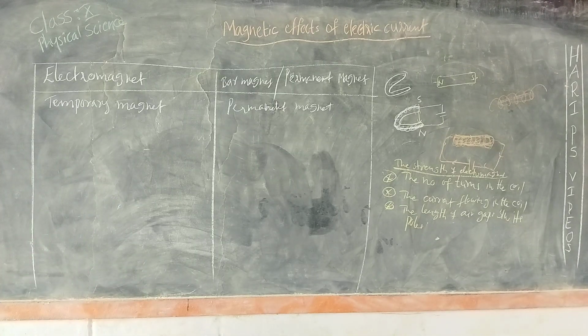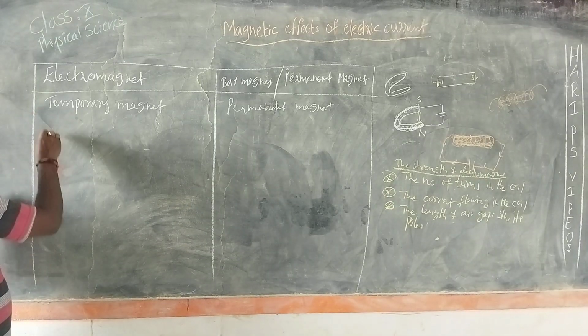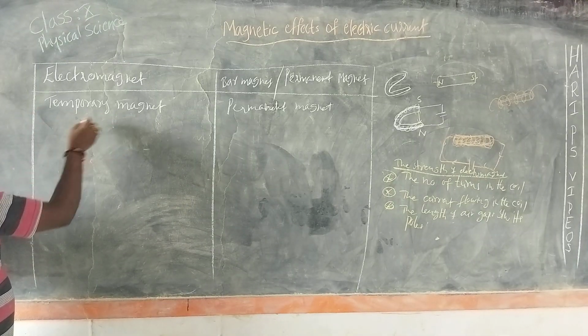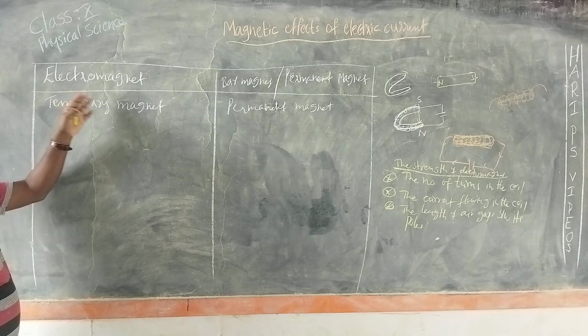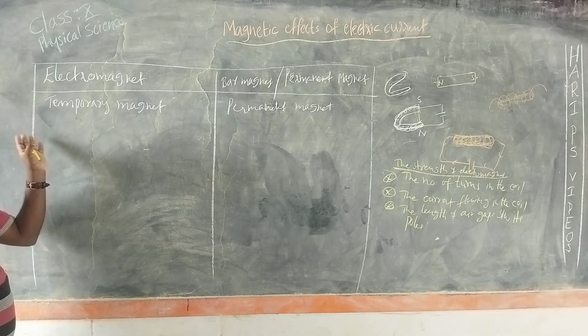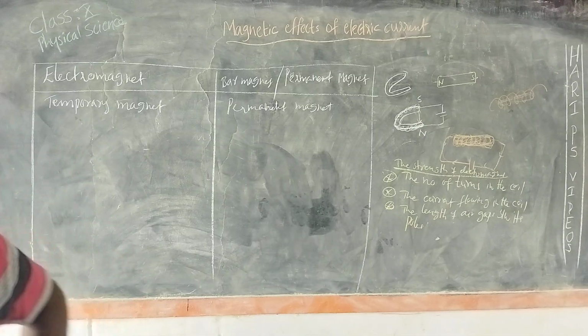Its magnetism is only for the duration of current passing through it. So the magnetism of an electromagnet can be switched on or switched off as desired. Why is it a temporary magnet? We can make an electromagnet, a temporary magnet, by passing electric current.